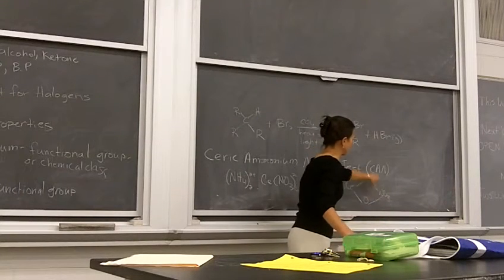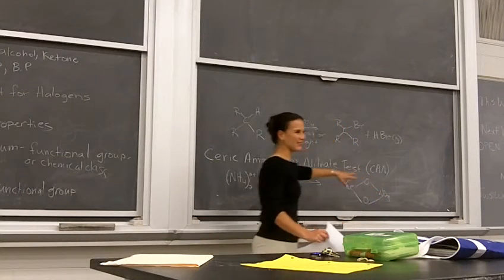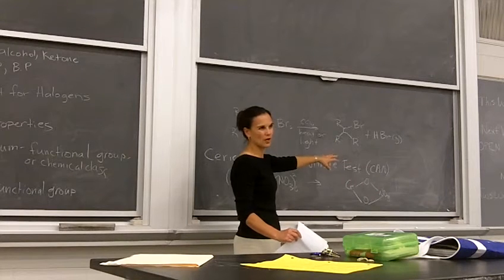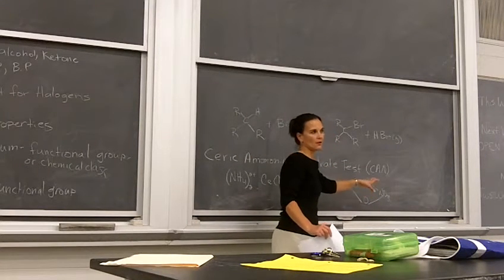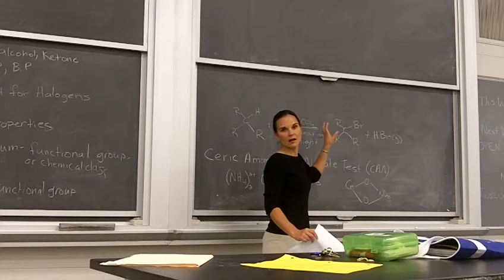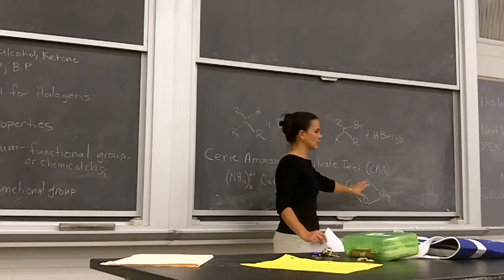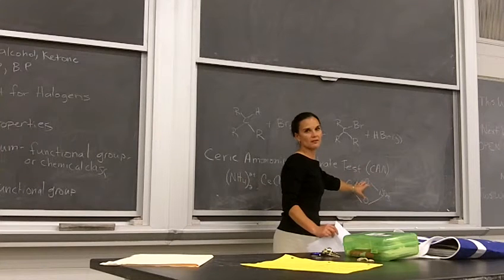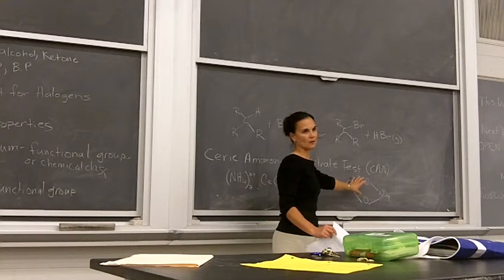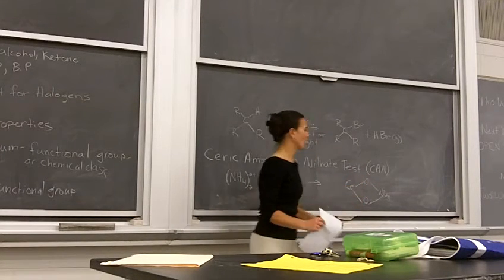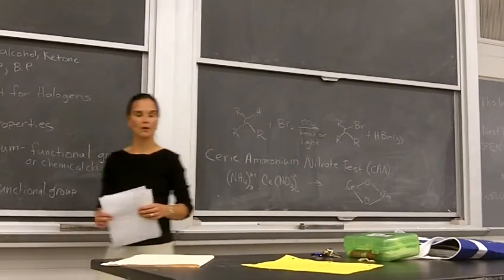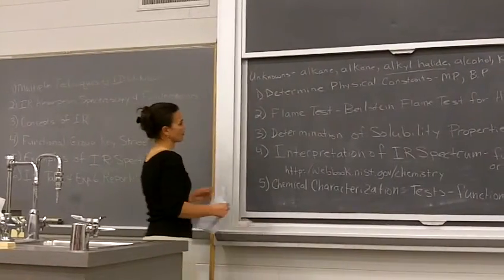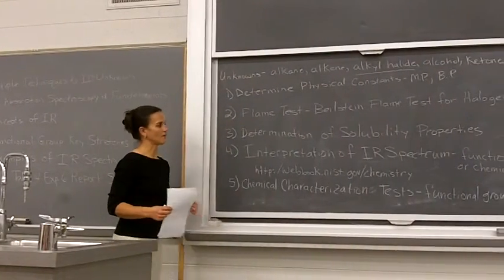And it forms this complex, and this complex is a red or red-orange color. You're going to see the color change when that complex forms, okay? So there's not really a full reaction to show. You can just say that there's a complexation that takes place with the Ceric ammonium nitrate, okay? But it's that complexation that gives you the color change, okay? So those are the 4 chemical tests we would do besides doing our flame test.